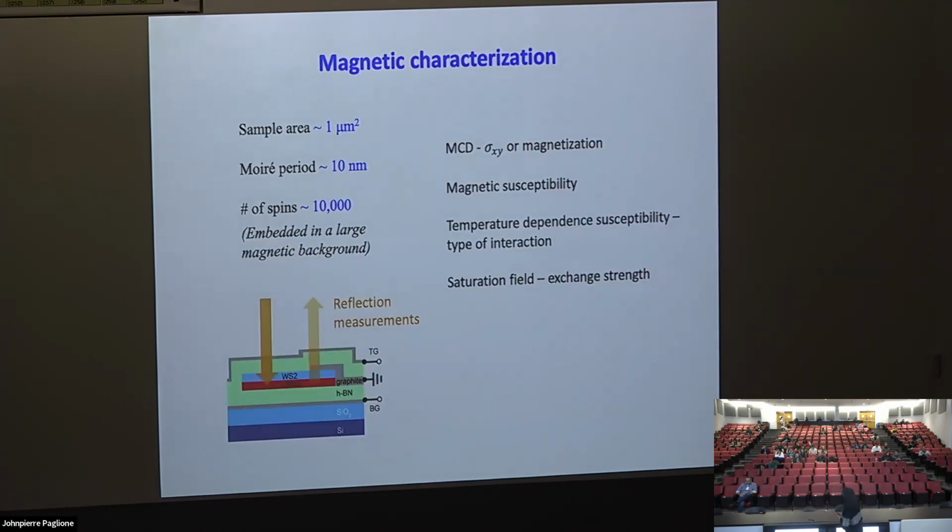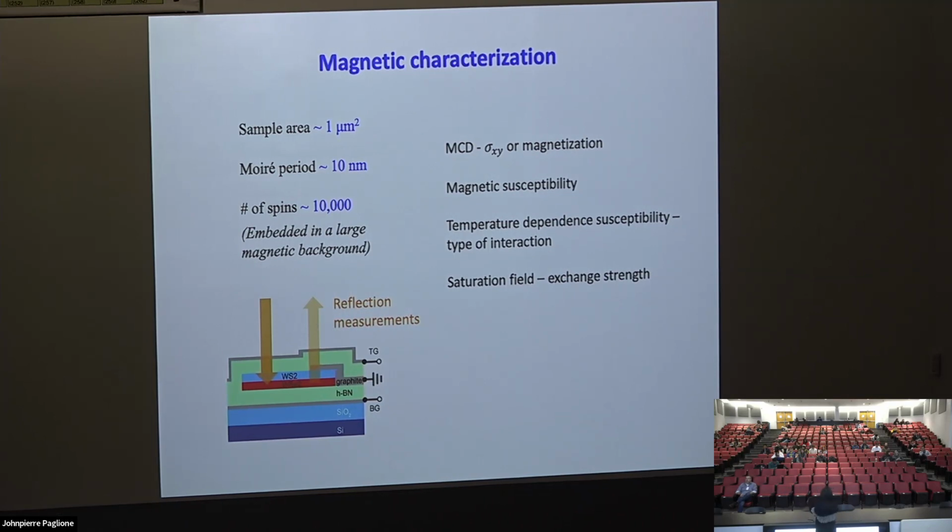Okay, so let me just recap what we can learn from this MCD measurement. MCD in general is proportional to the conductivity XY component, but in this particular case, it's proportional to magnetization.